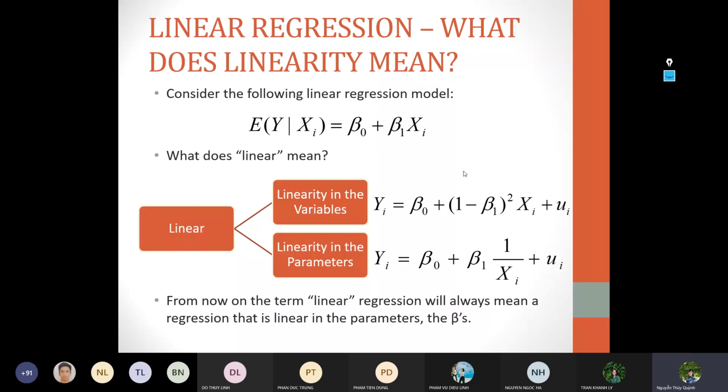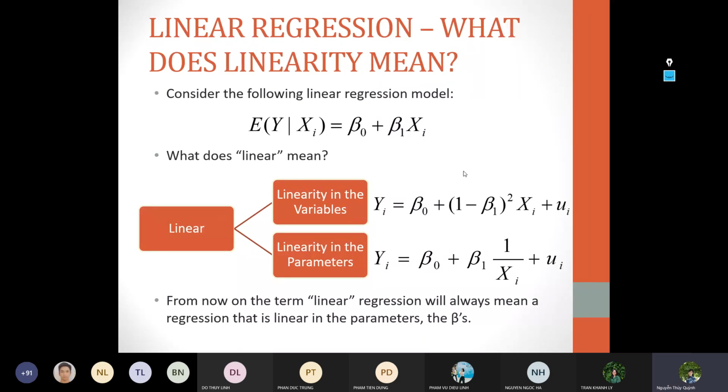That is because of some estimation methods in econometrics. Econometrics divides models into categories, and one category is the linear regression model. In the linear regression model category, all the models must be linear in the parameters.